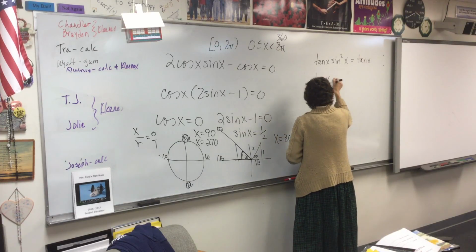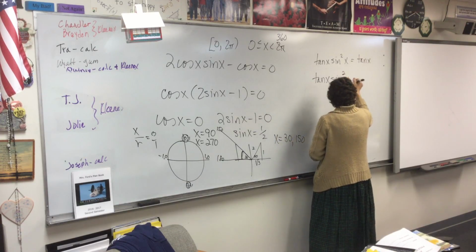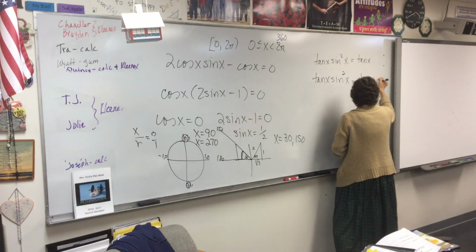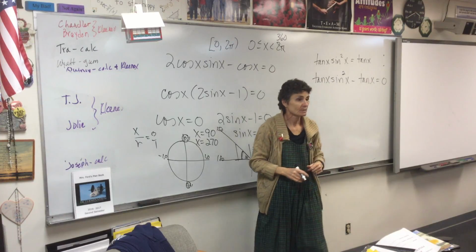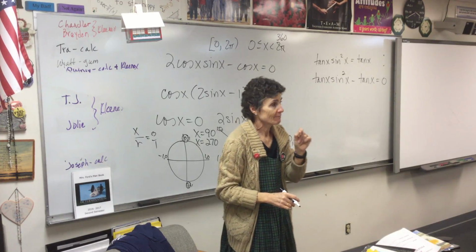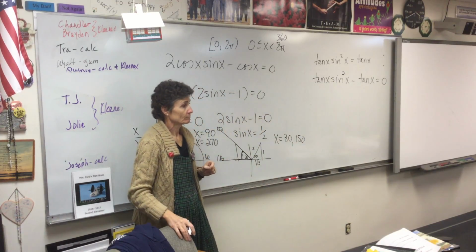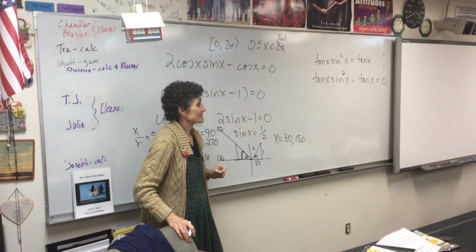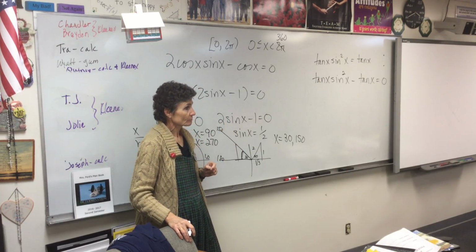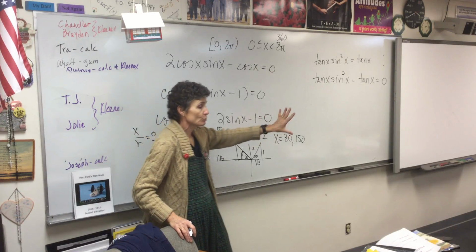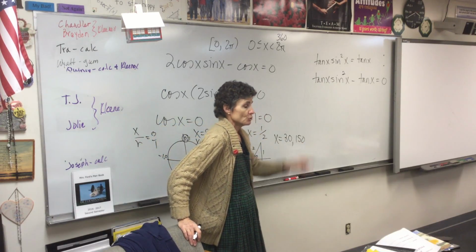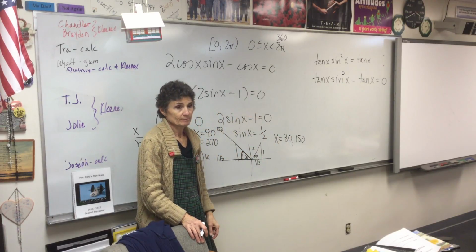What you can't do, kids, and I'm so glad Brenton didn't say this, what you can't do is divide both sides by tangent. You can never divide by a variable if your purpose is to cancel it out. If you're going to cancel it out, don't do it, because you're going to lose some answers. Do not divide and cancel.